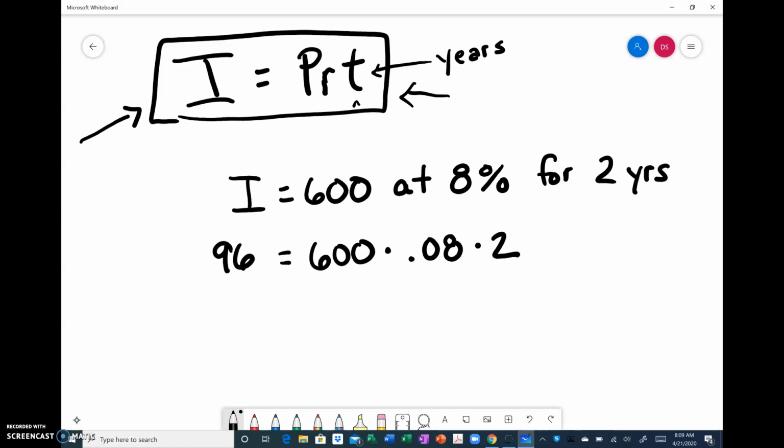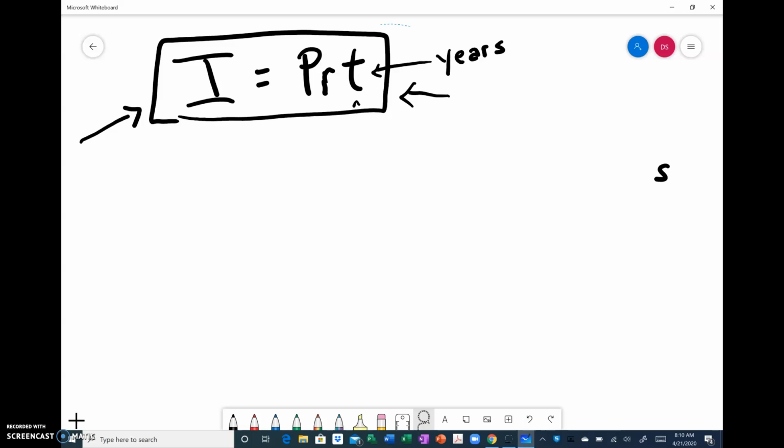Okay, I'm going to give you a couple more because I'm not really quite sure which ones you might see later. Hint, hint. Let me clear this off. Let me remind you, you have to memorize this formula up here. I equals PRT. All right, here's a different form. I'm going to write it to you the way that you might see it later.